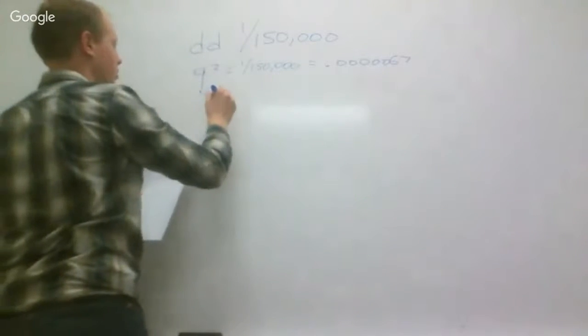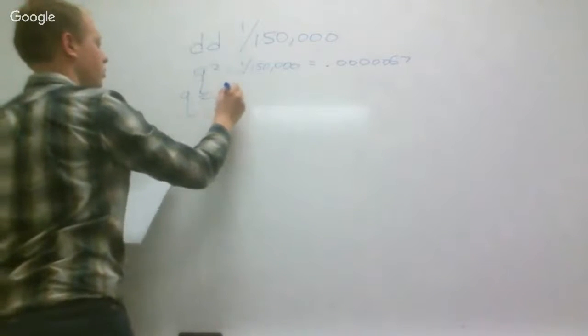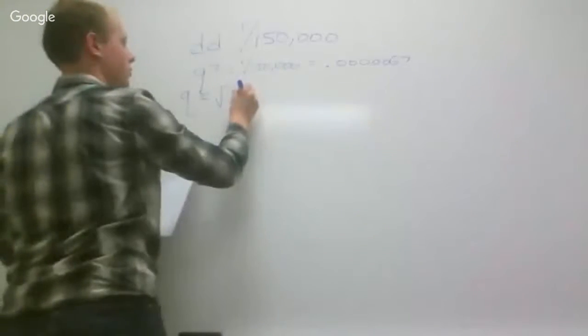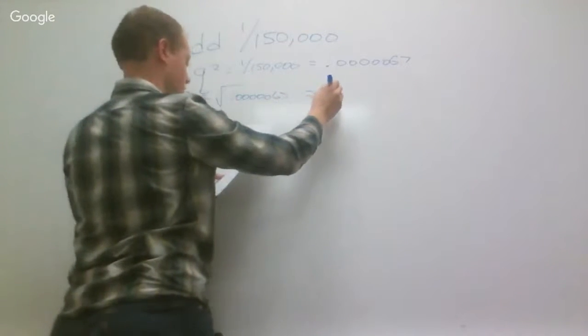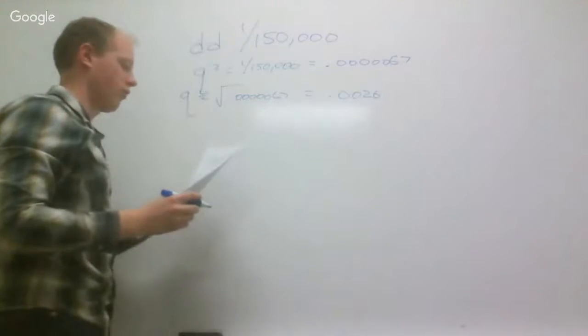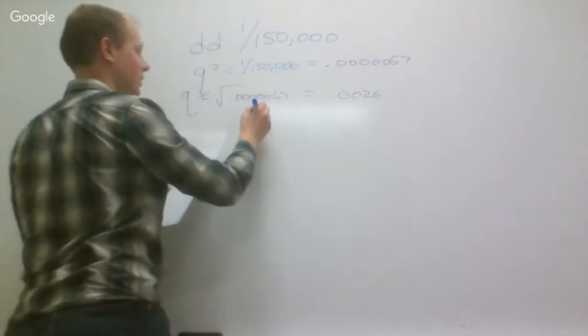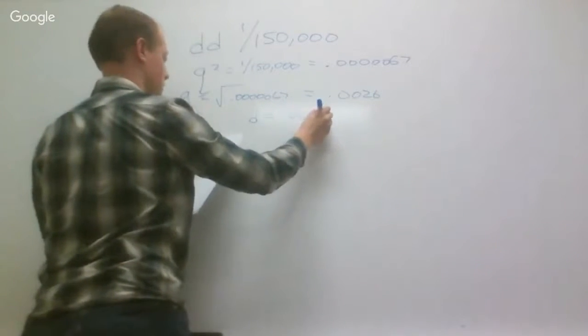So to solve for q, we'll just take the square root of both sides, and q will equal the square root of 0.000067, which equals 0.0026. So the frequency of the little d allele is 0.0026.